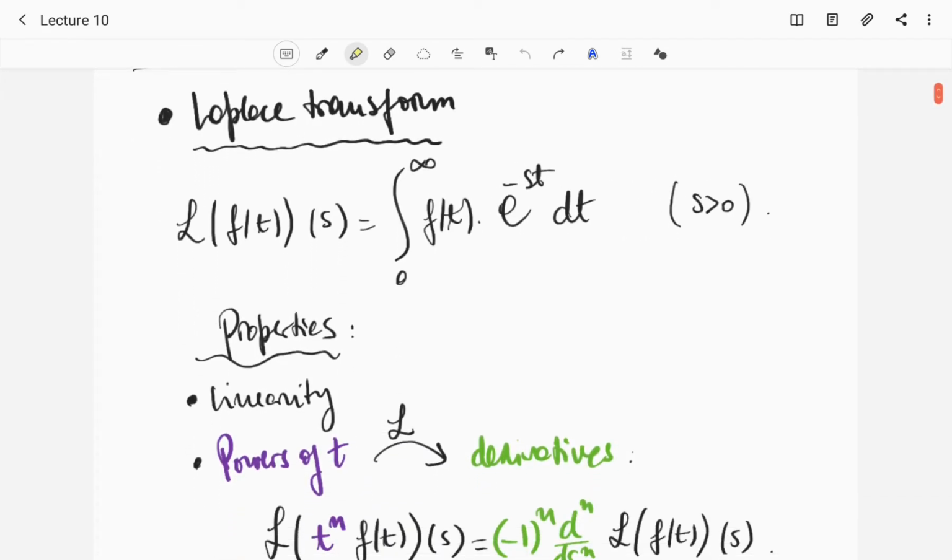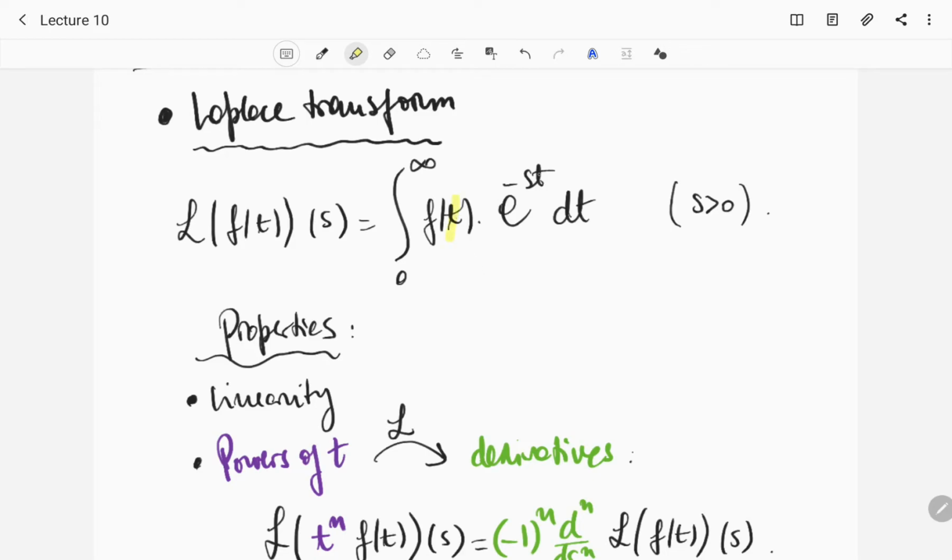So, Laplace transform. Here we have a definition. We have a function f of t with t non-negative, and the Laplace transform of this function f at some s that in principle is positive is just the definition, the integral from 0 to infinity of the function f times exponential to the power minus s times t, differential t.